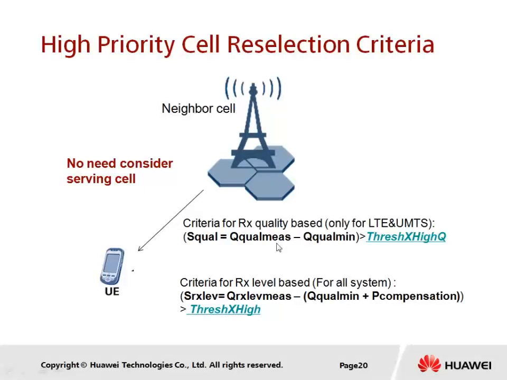So as long as the measured RSRQ or ECIO minus the minimum requirement is greater than a threshold, the user will reselect to the candidate cell. Same goes for RSRP. If the measured RSRP minus the minimum requirement and P compensation is greater than the threshold, the user will reselect to the candidate cell.